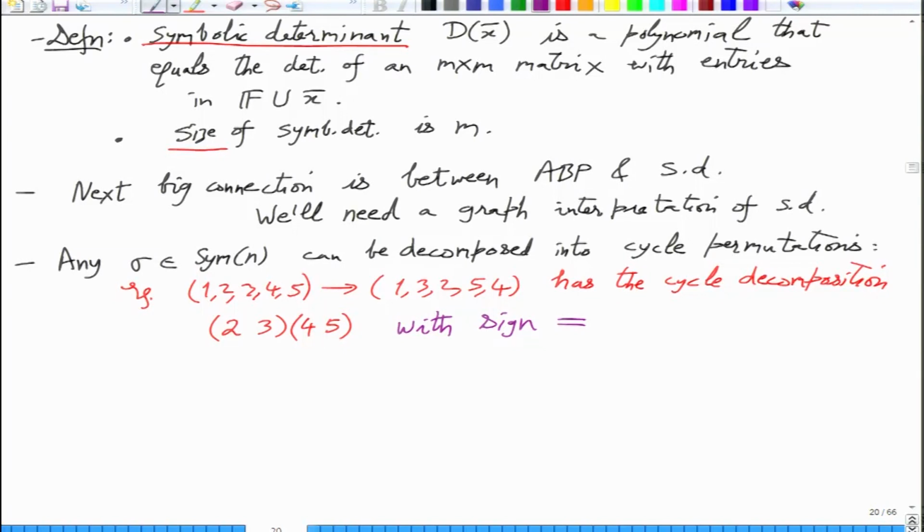For example, it is done by 2, 3, and in general, if it's an even cycle, we'll give it sign minus 1, and odd cycles we will give sign plus 1, and then we will just multiply the signs. So basically it will be minus 1 to the number of even cycles, which in this case would come out to be minus 1 squared, 1.